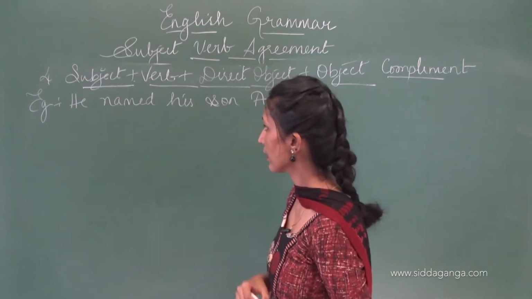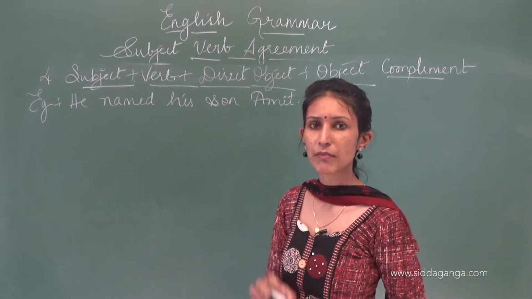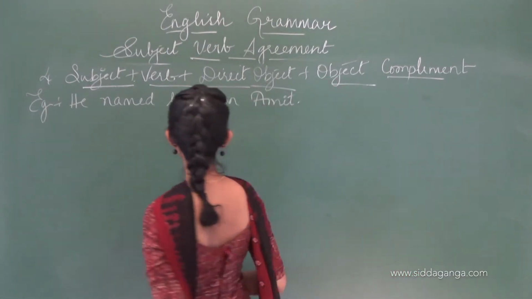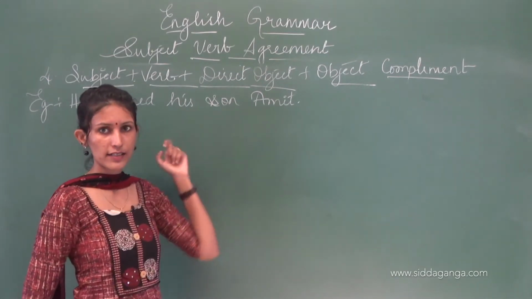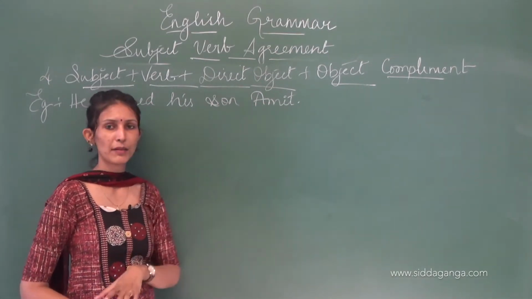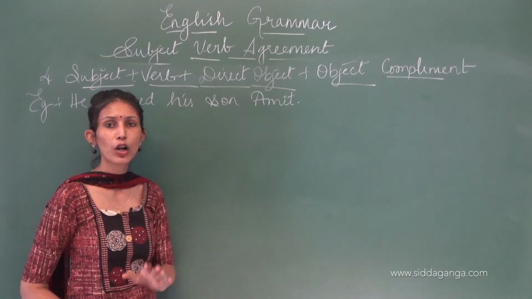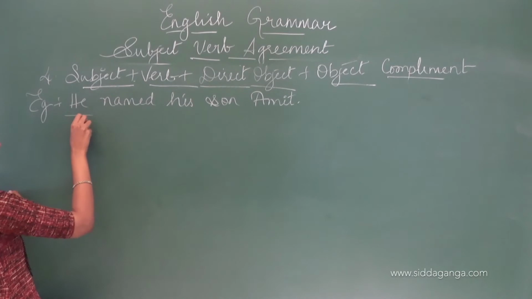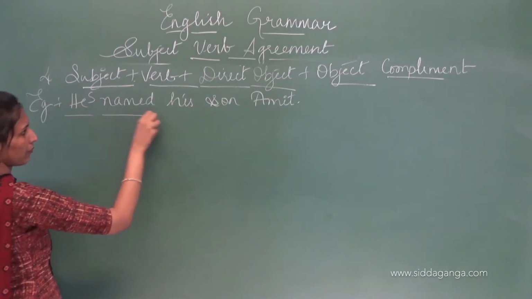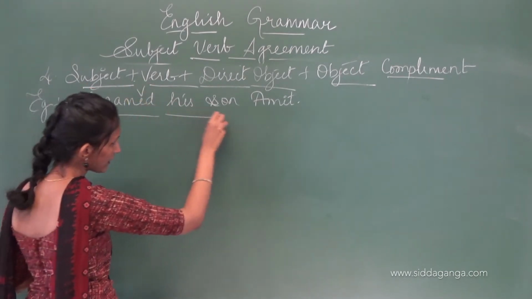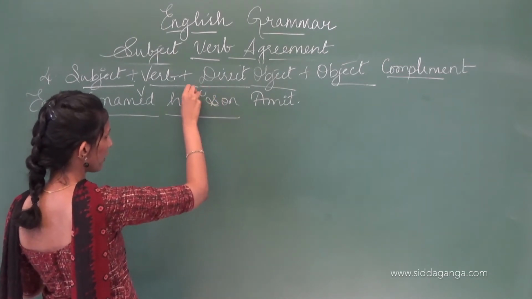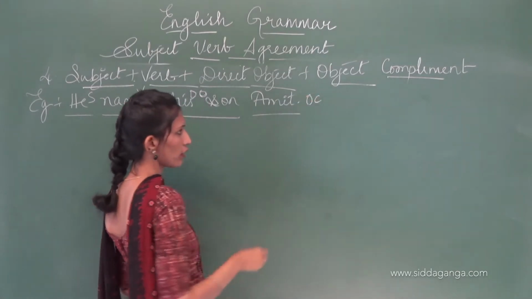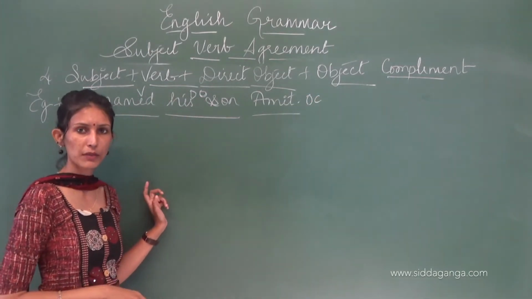He is the subject, named becomes the verb. His son is the direct object, related, isn't it? Naming him Amit is the object complement. So here he is the subject, named is the verb, his son is the direct object, and Amit is the OC, object complement.